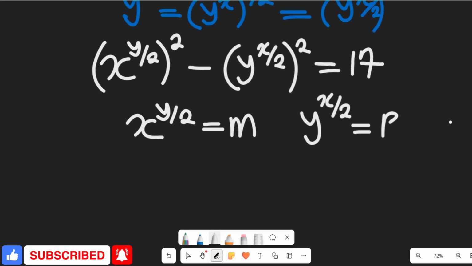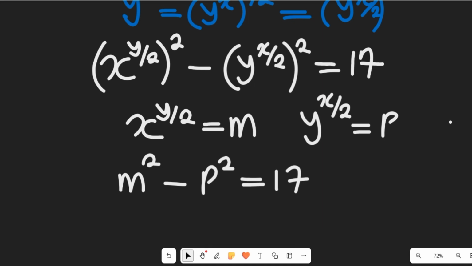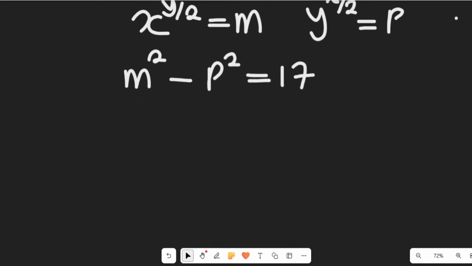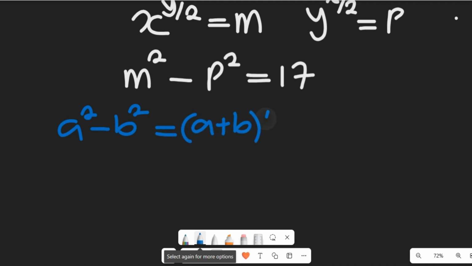Now if we solve dat one, dat expression go now give us m square minus p square, and dis go dey equal to 17. Now dis one look very much like difference of two square. Remember algebra. For algebra, if I get my a square minus b square, dis go dey equal to a plus b and wetin?